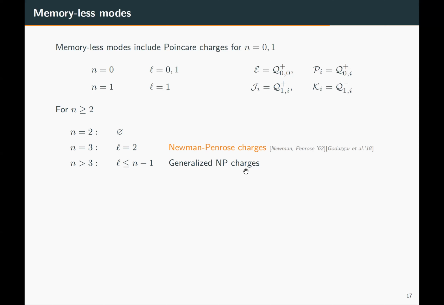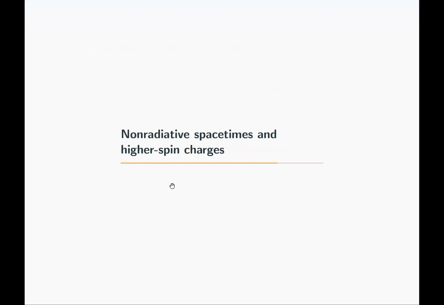As I said, these charges are in principle important for gravitational wave analysis because they provide radiation reaction equations for you.